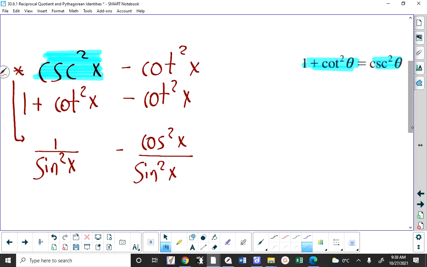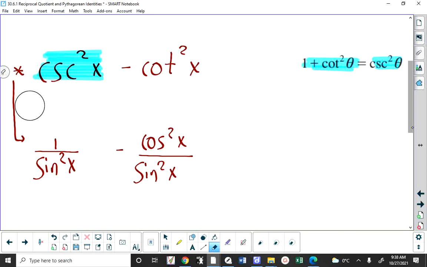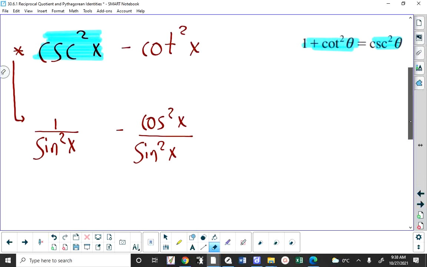I've used the reciprocal trigonometric identity to write cosecant squared as 1 over sine squared. I've used a quotient trigonometric identity to write cotan squared of x as cosine over sine quantity squared.